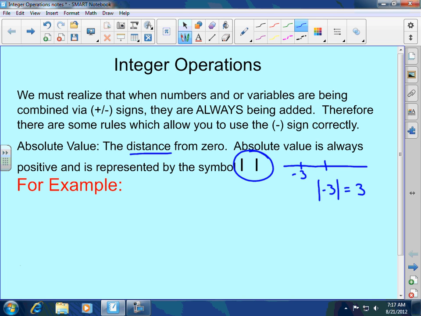Why? Because it's the distance from 0. Okay, here's your 0, so you got to go from -3 to -2, from -2 to -1, and from -1 to 0. So the distance there is 3 units, and that is the absolute value.